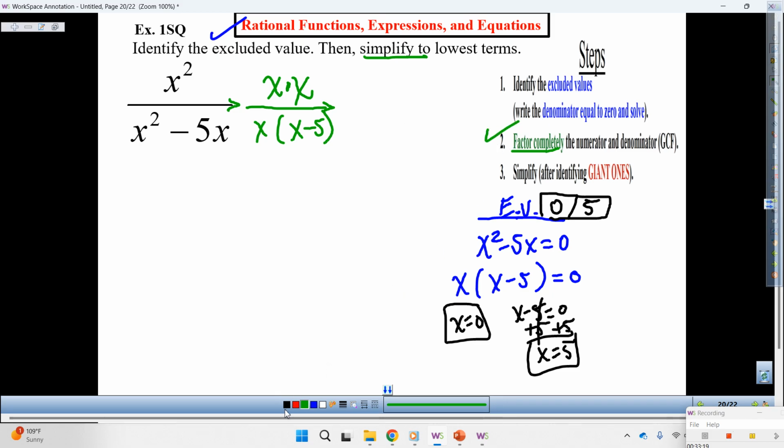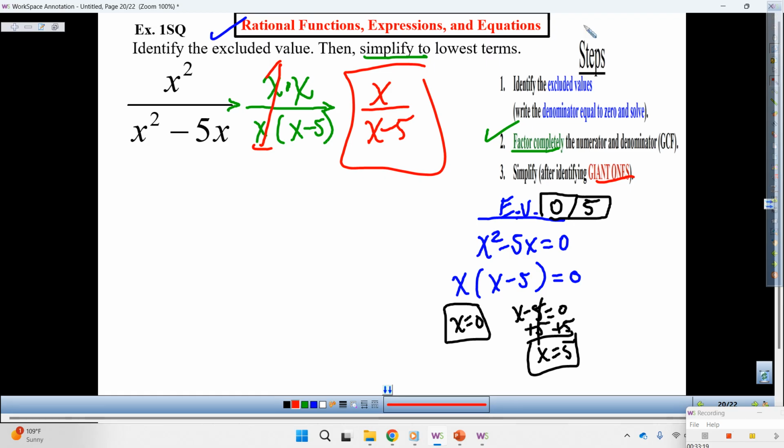Any giant ones? Yes, the x, and that leaves us with x over x minus 5. All right, not bad. A little hiccup.